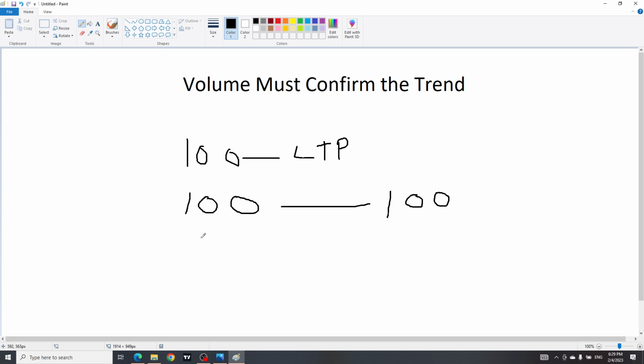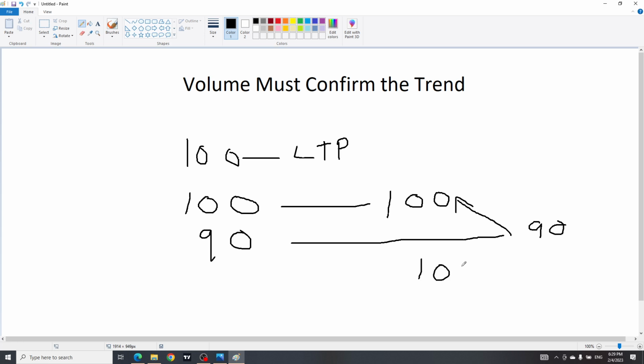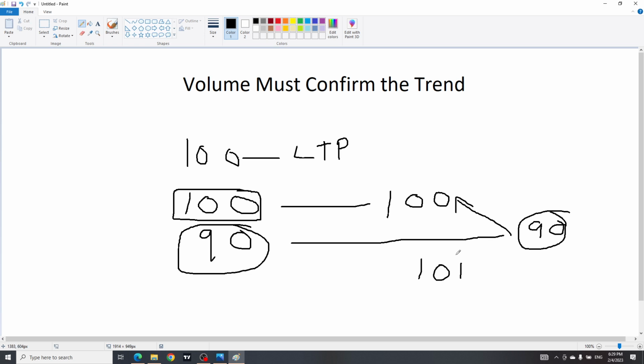But what happened was, after executing your 90 stocks, the seller is there to sell only 90 stocks at the price of 100 rupees, and another seller is there to sell at 101 rupees. So you submitted 100 stocks, but 90 stocks are executed by the seller. The remaining 10 stocks are pending.